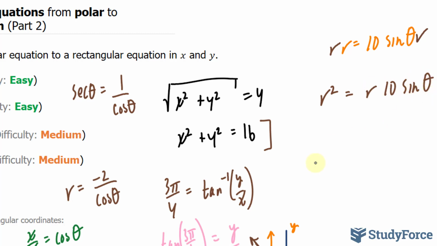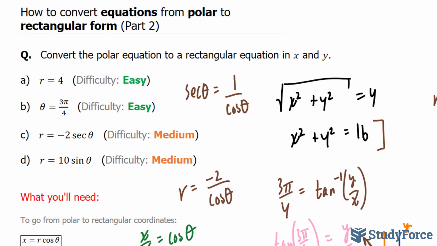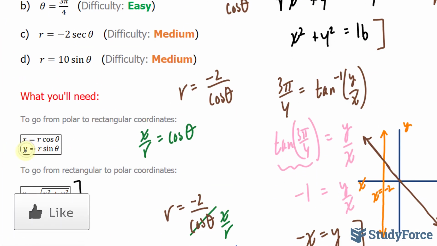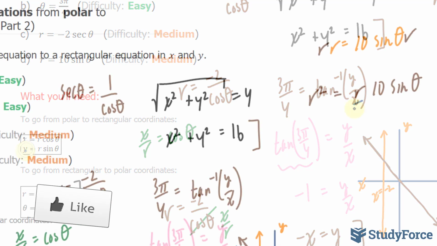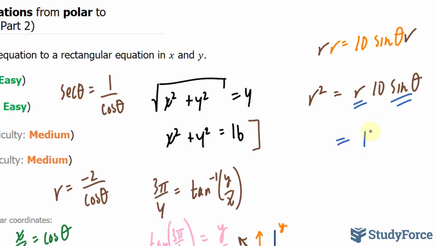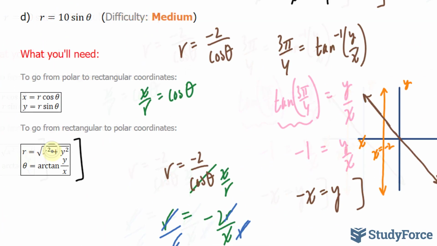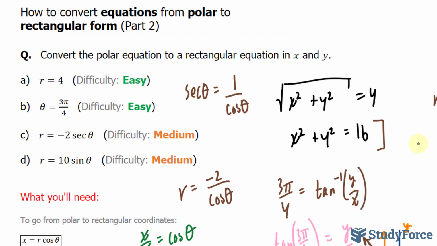Now, you'll notice that r times sine theta is one of the formulas. It actually equals y. So this part can become 10y, and r squared can become x squared plus y squared, because if you square a square root, the square root goes away.